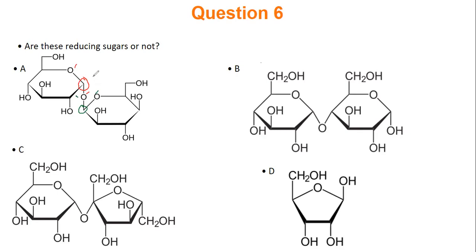Both of my anomeric carbons are in a glycosidic bond. Therefore, this is a non-reducing sugar. See if you can follow that for B, C, and D. You can just write it down on a piece of paper and then I'll give the answers.